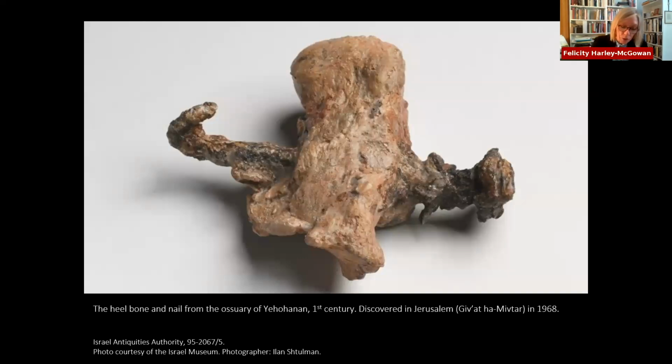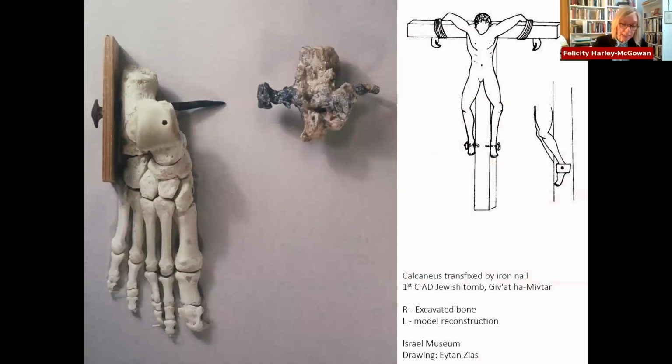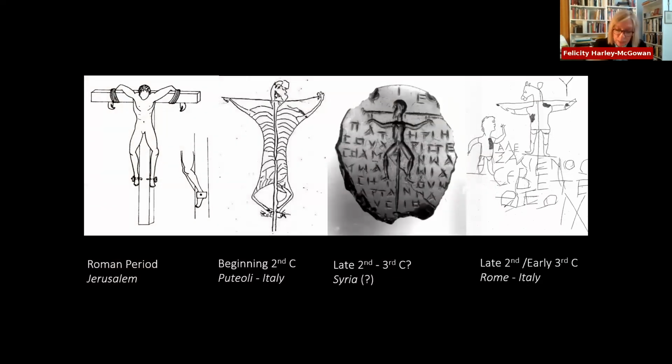And this evidence underscores what we have begun to know, that is, practices could vary, particularly in the affixation of feet, which could be nailed or tied, or even the legs split apart to hang loosely.